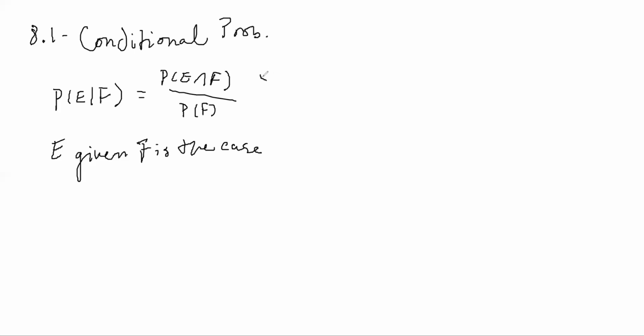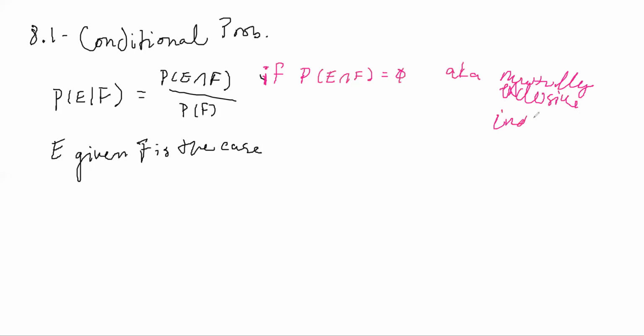Because if the probability of E intersecting with F equals 0, aka they are mutually exclusive, well, mutually exclusive and independent aren't quite the same thing.